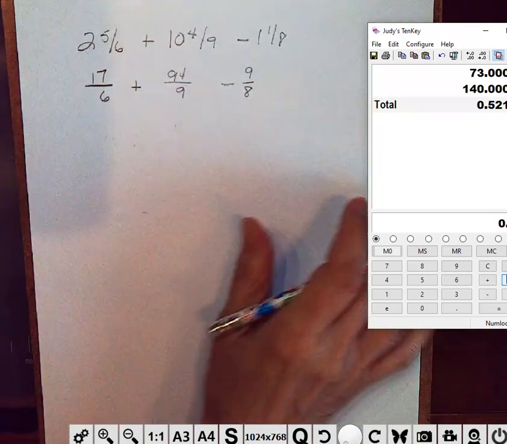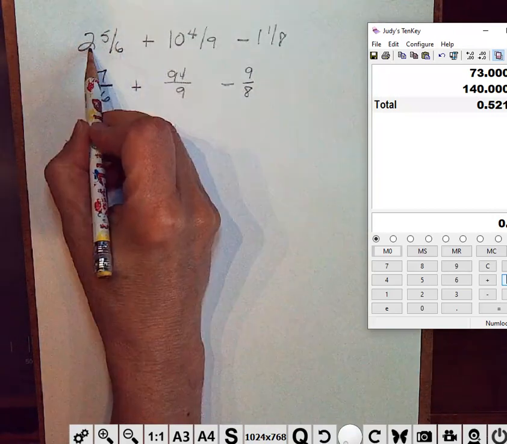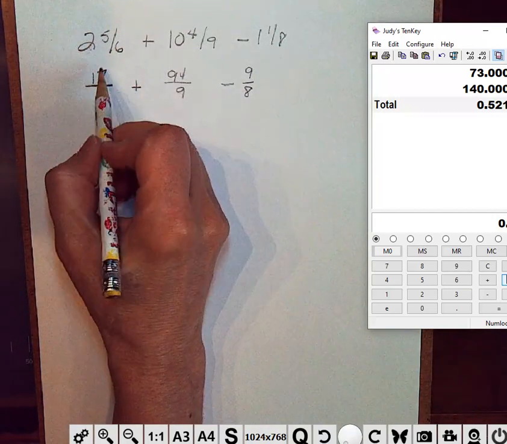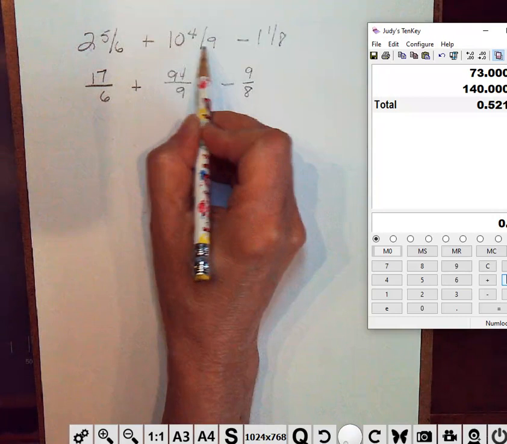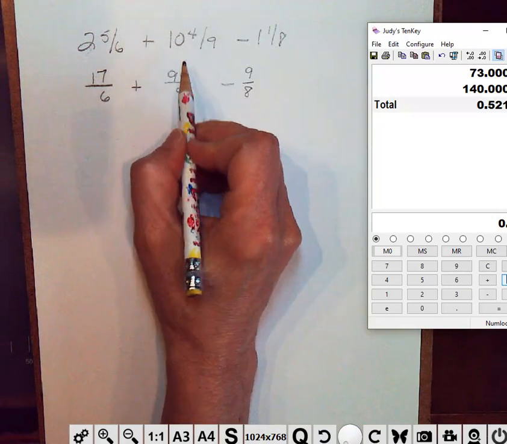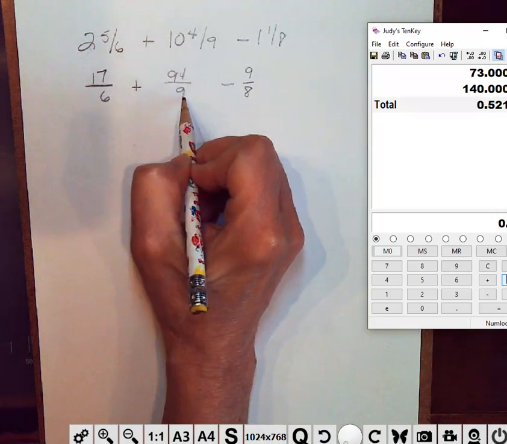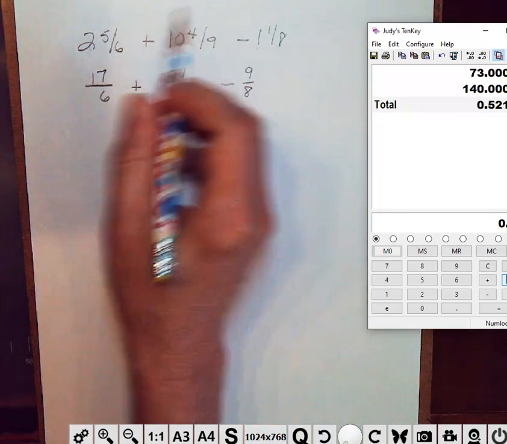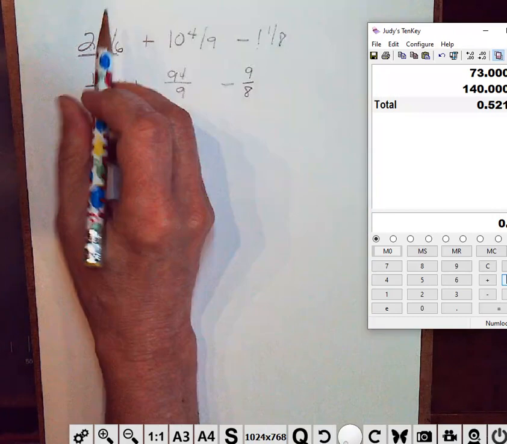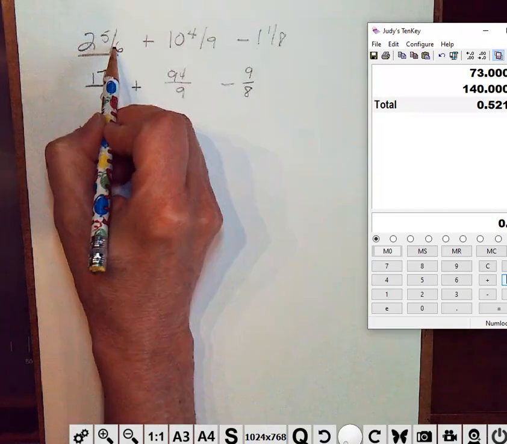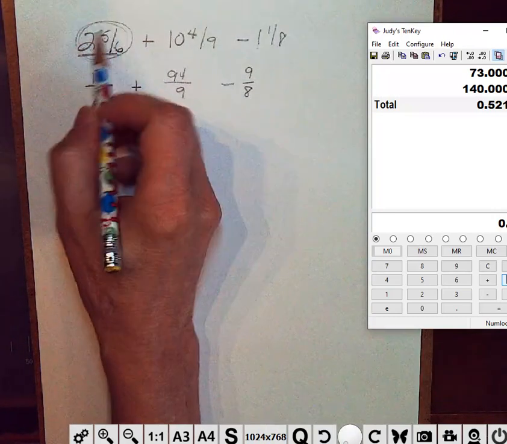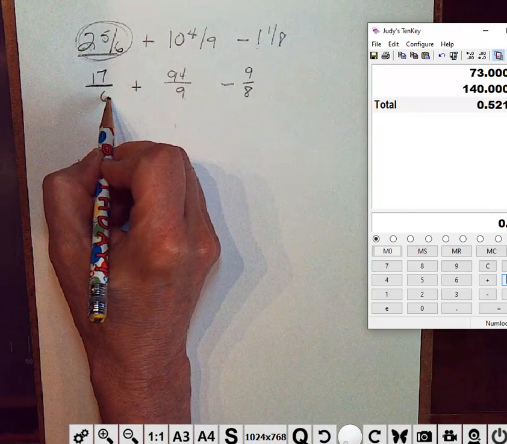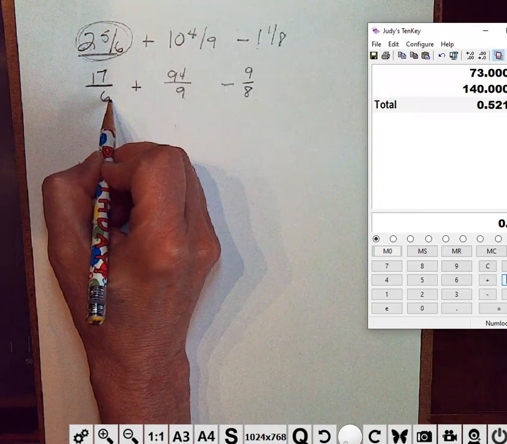I'm not starting over. 6 times 2 is 12 plus 5 is 17/6. 9 times 10 is 90 plus 4, 94/9. 8 times 1 is 8 plus 1 is 9/8. These are mixed numbers because you have a whole number and a fraction. We converted the mixed number into an improper fraction, in which the numerator is bigger than the denominator.